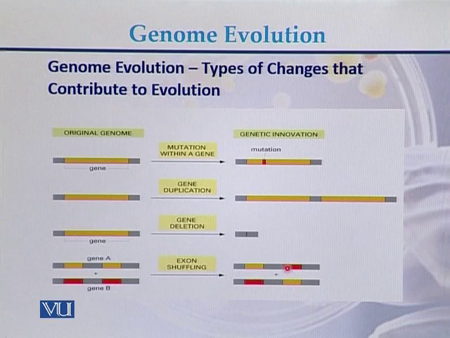This phenomenon is called exon shuffling. So there are 4 different types that work as fuel for genome evolution: mutation, gene duplication, gene deletion, and exon shuffling.